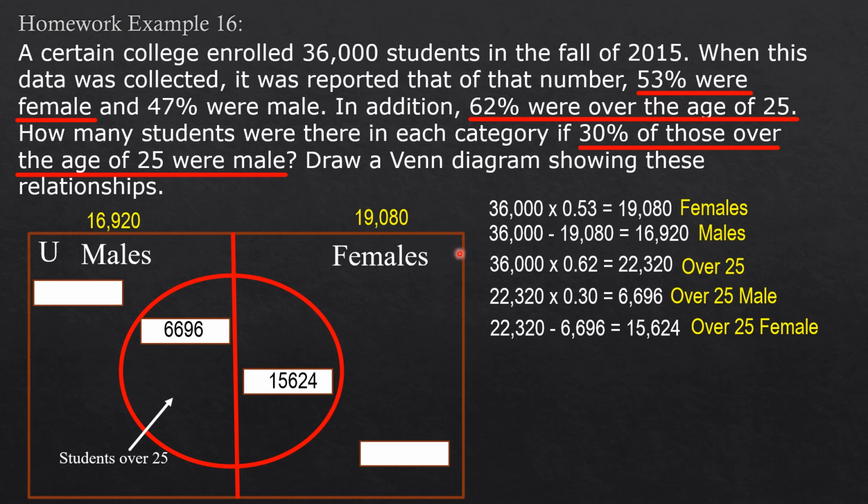Oh wait, I do. We figured that out first. Here it is up here, 19,080. So all I have to do is take that number and subtract the 15,624, and I get 3,456, and that's going to be my female 25 and under population, and that's the number that goes in this box.